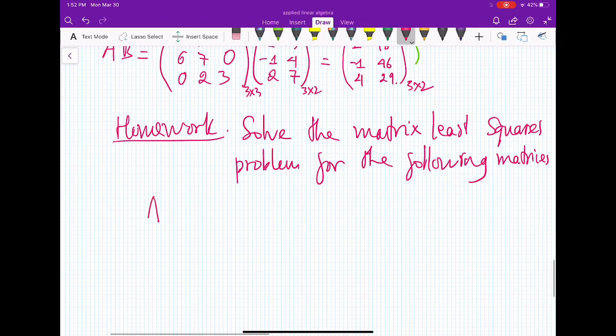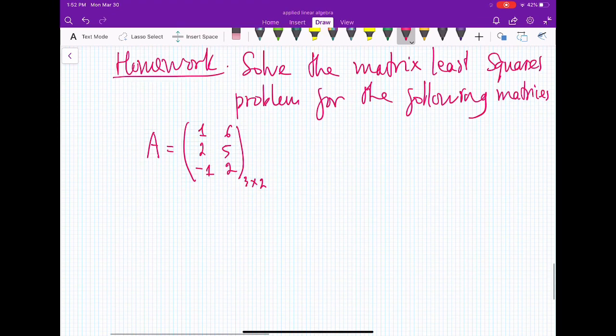A is equal to 1, 2, negative 1, 6, 5, and 2. That is 3 by 2. And B is, let's pick 1, 0, 1, 1, 1, 0, and then negative 1, 1, and 1.